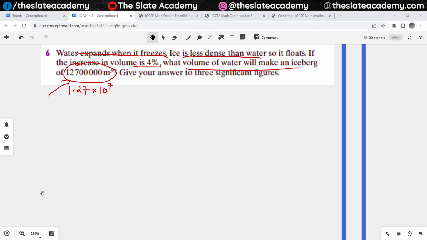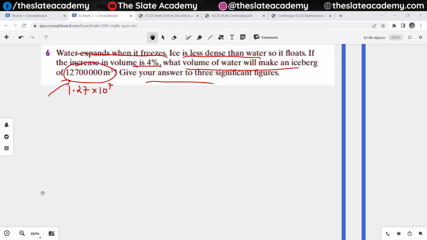Anyone? Sir Arman? Miss Anam? This is after increase. So it means the initial value is what I have to find out.